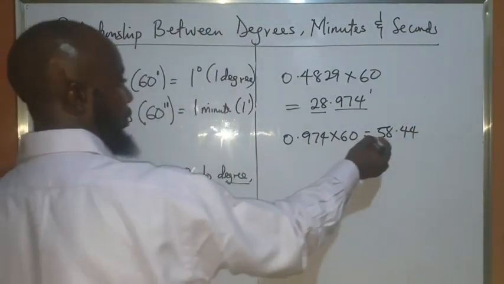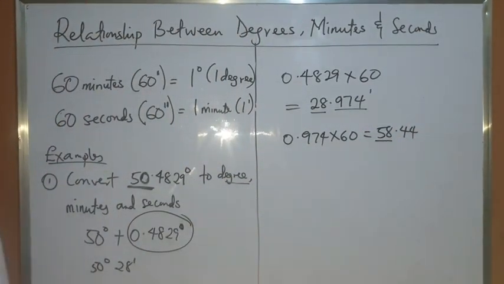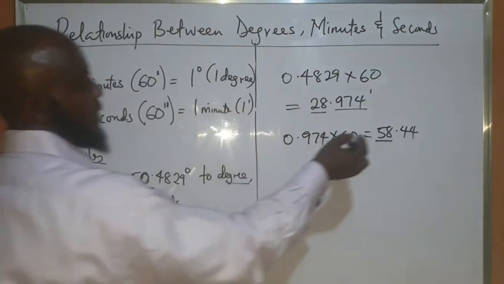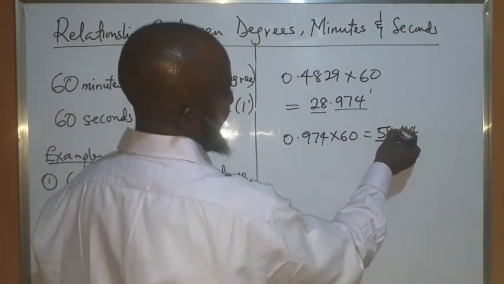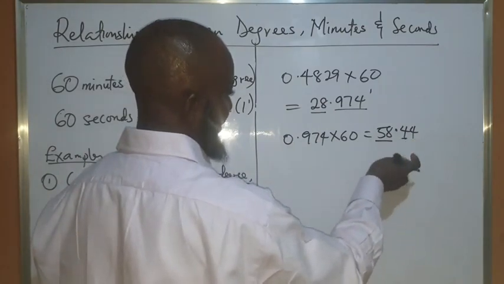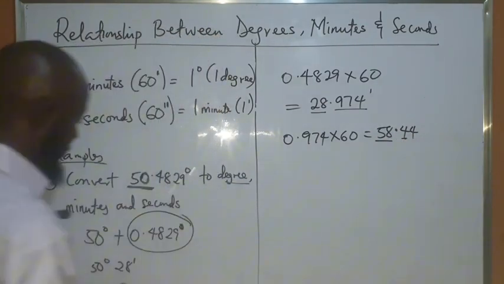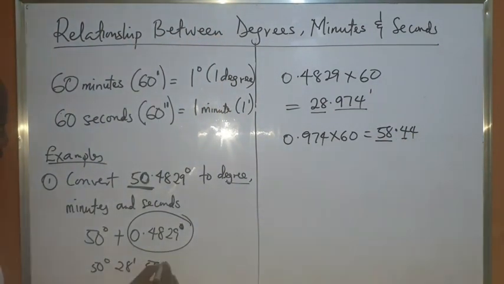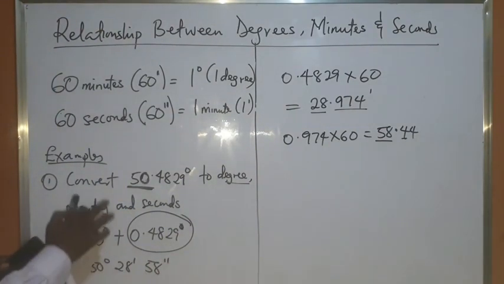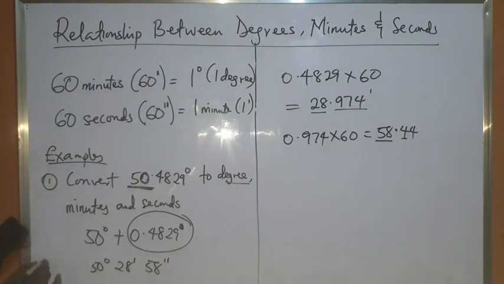We make use of the whole part, which is 58. Because the digit immediately after the decimal point is less than 5, we round down. So 50.4829 degrees equals 50 degrees, 28 minutes, 58 seconds. I hope that is very clear.